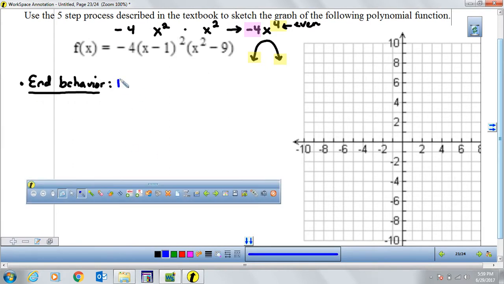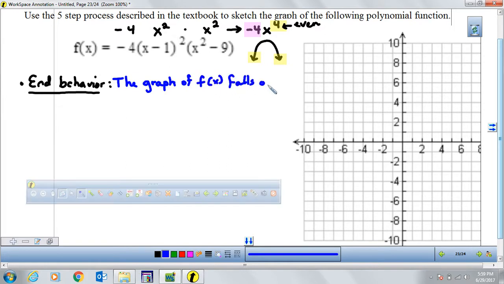The graph of f(x) falls on the left and falls on the right. Period.